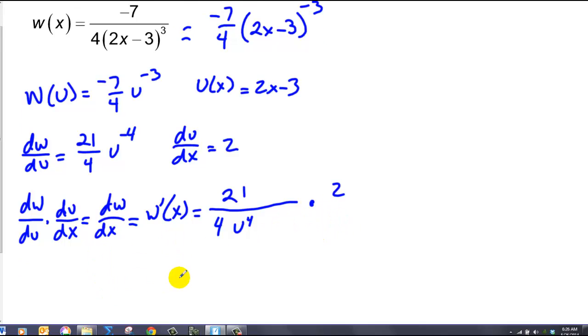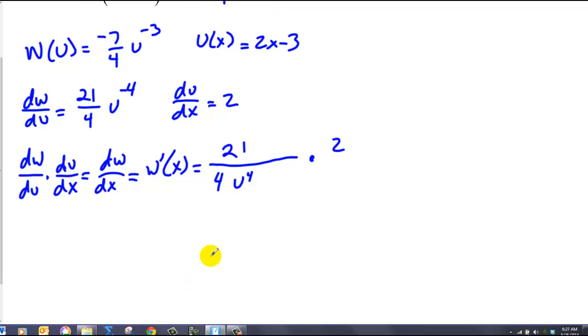Once again, we can clean this up quite a bit. Make a substitution and reduce 2 and 4. So I have 21 in my numerator, 2 and 4 reduced to a 2 in the denominator. u is 2x minus 3, and that's all raised to the fourth. And that is w prime.